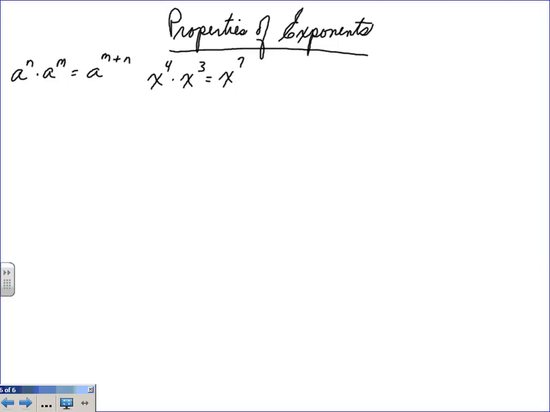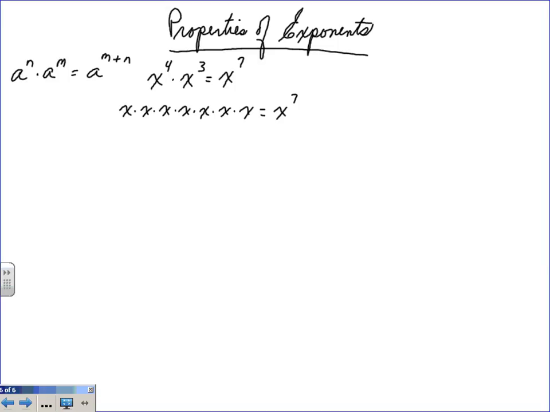The reason why, if I have x to the fourth, doesn't it mean x times x times x times x, right? And if I multiply by x to the third, which is x times x times x, I have 7 of them now, right? So it's x to the 7th. So that's why we add the exponents.